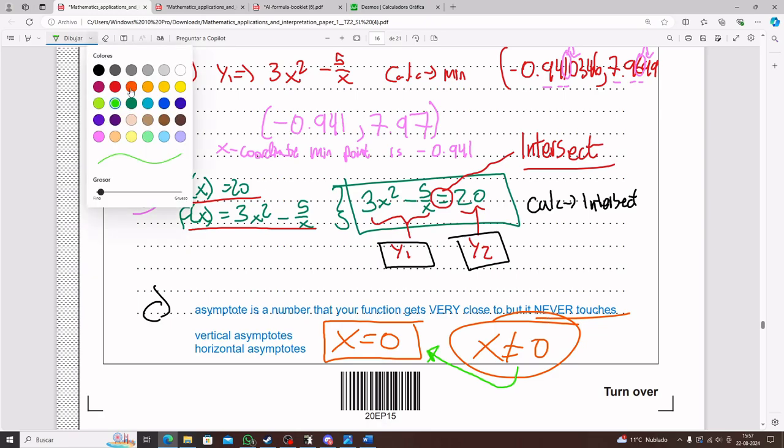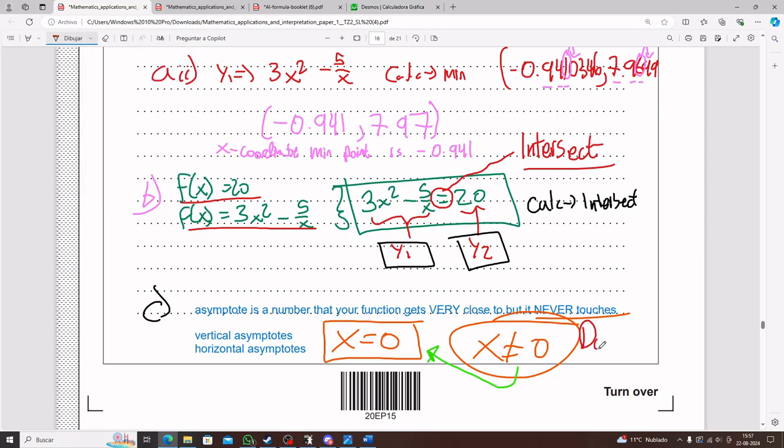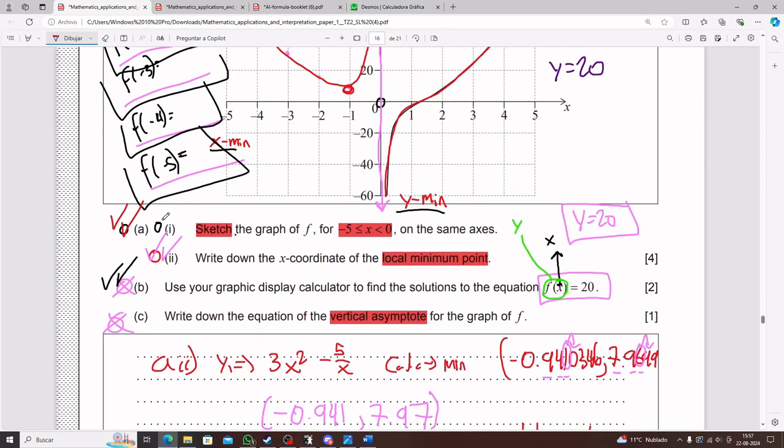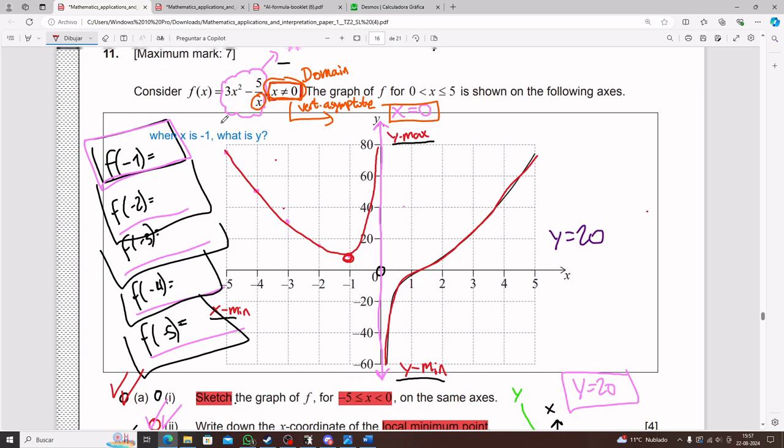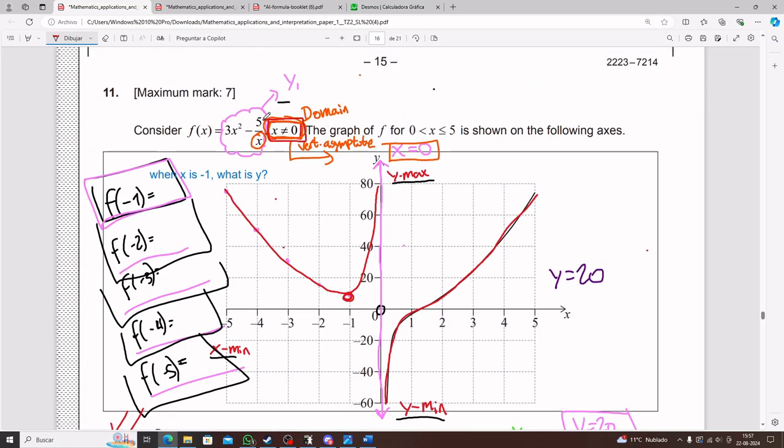If I were to be very rigorous with this, it's basically because this is your domain, then your vertical asymptote has to be this. All right, that's the way you think about it. Ladies and gentlemen, part C, just so you know, you can solve it without doing part A or part B. Once you get familiar with domain and how all this stuff works, you can get this point very quickly, in less than a minute.